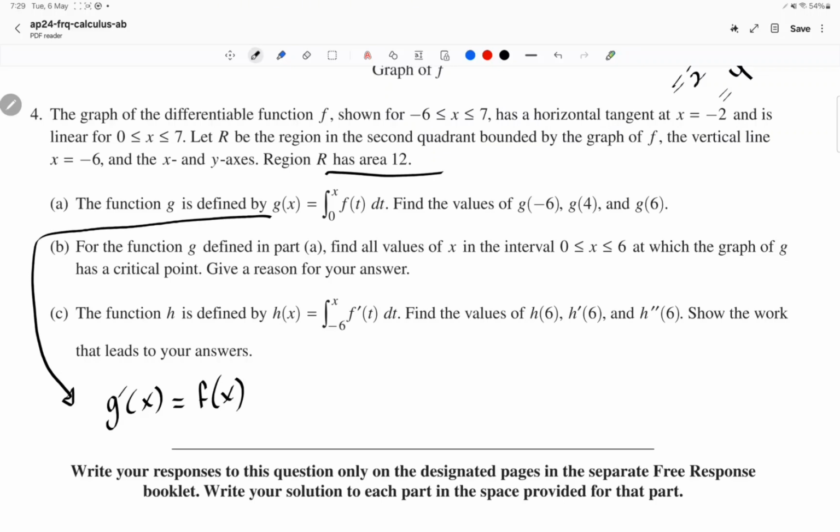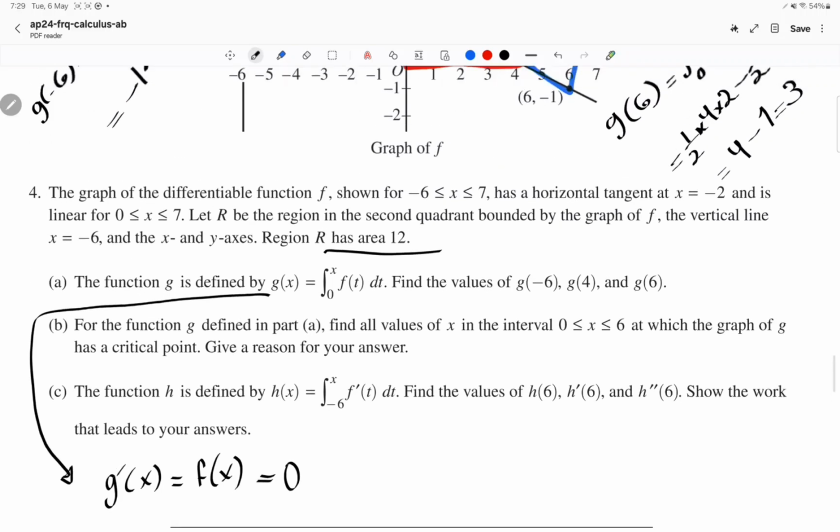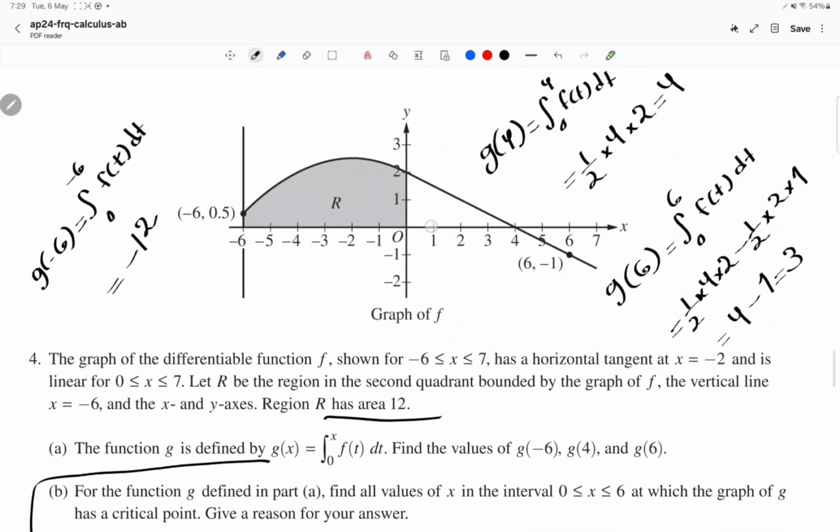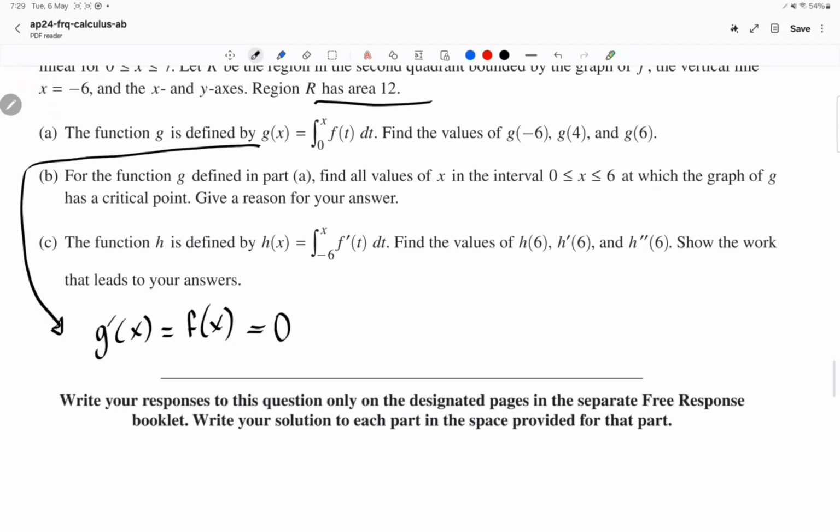So find out where the g prime is 0, which means where the f of x hits a 0. Where does the graph hit the x-axis? At 4. Exactly. So at x is equal to 4. How easy is that? Yep. I know.